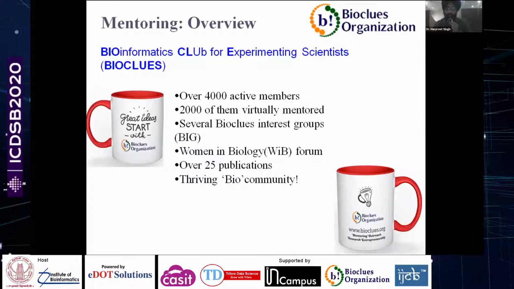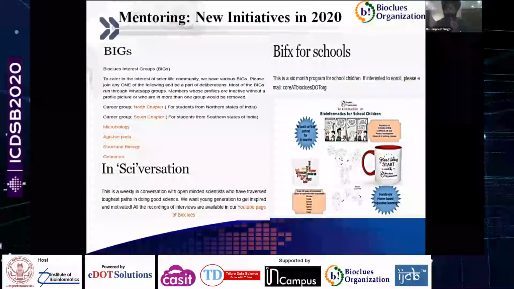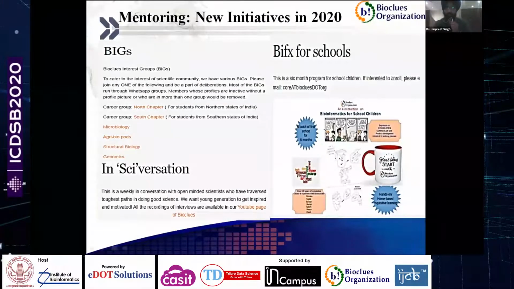We have a women in biology forum where we try to involve women biologists or women members of society to do some good research. We have generated around 25 publications in recent years, and we are actually a thriving bio community. These are the new initiatives as far as mentoring is concerned.